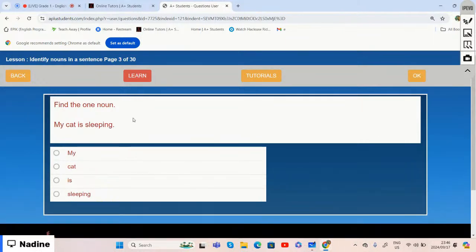All right, and my cat is sleeping. If we were to find the noun, is it my, cat, is, or sleeping? We can say it is cat.